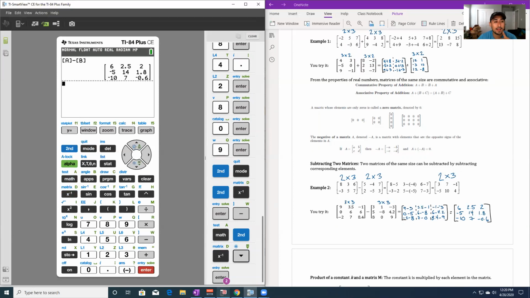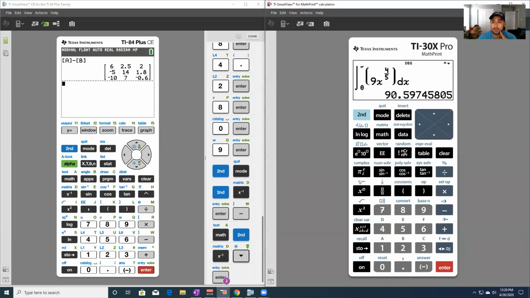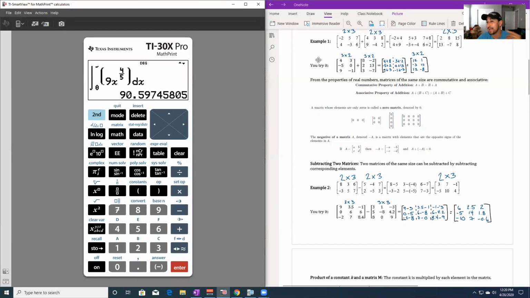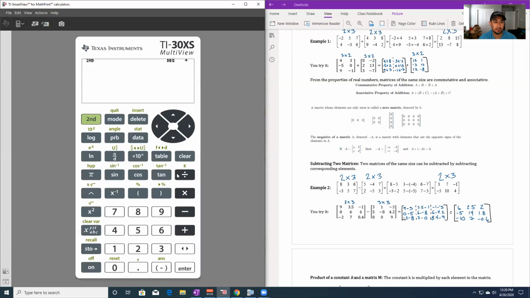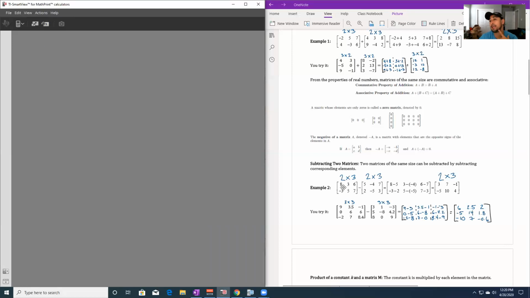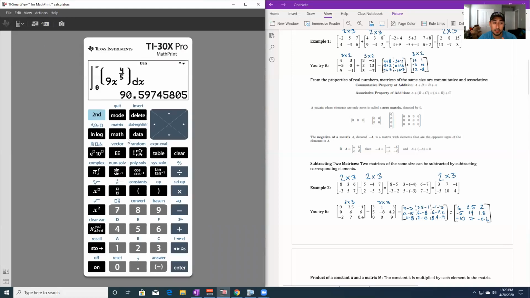Okay, and let's say you have this fancy schmancy calculator up to the TI-30X Pro, the chromed out edition. This one can do matrices as well. The regular one cannot. So this is the regular blue calculator. This is the chromed out edition of that one, which can do matrices, which means you would do the same here. Second matrix.